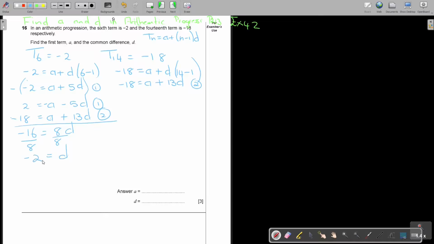And now I just take one of the equations. I can take any one. So I think I can even take that original one there, that one I got there. So if I say -2 equals A plus 5D, which was equation 1, I substitute the D in.